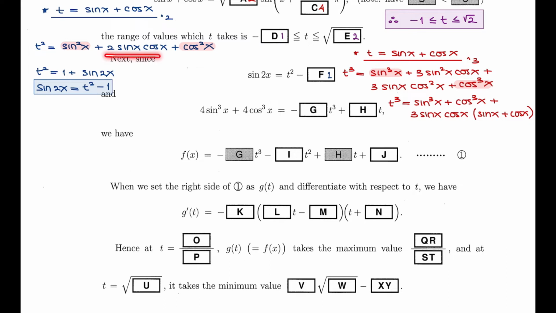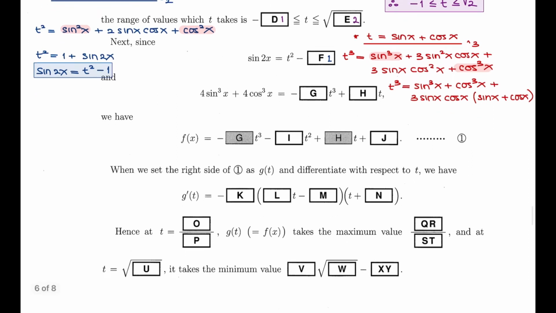is half sine 2x. From the identity, sine 2x equals 2 sine x cos x. Then I can say that sine x cos x is sine 2x divided by 2.